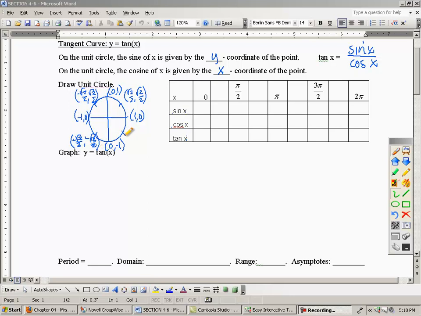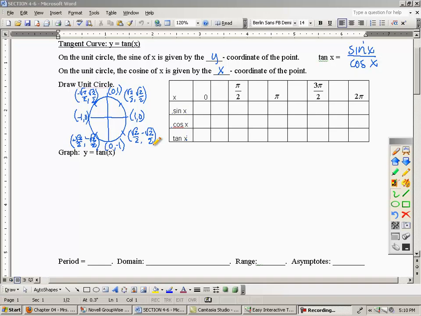And when I move it into the fourth quadrant, the cosine is positive and the sine is negative. Okay, so we have those points. Again, if you have your unit circle in front of you, you might not have to draw this, but at least you want to know where it's coming from.